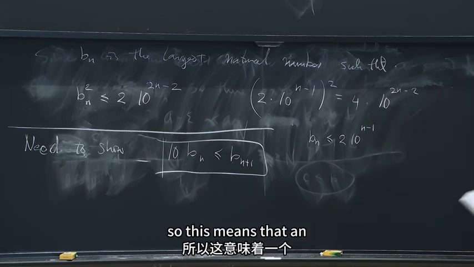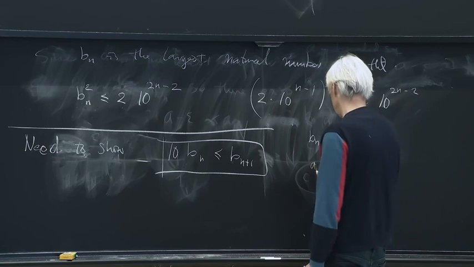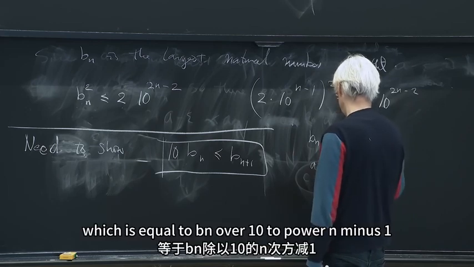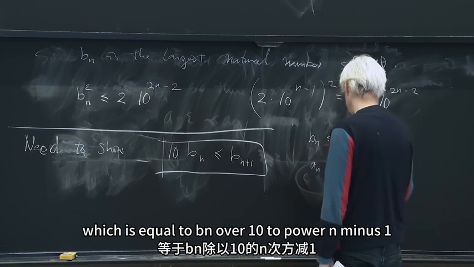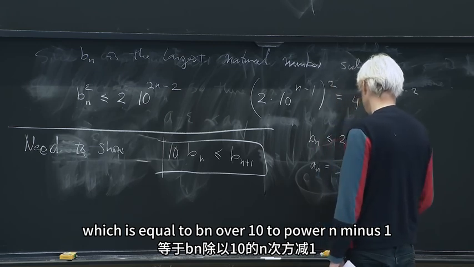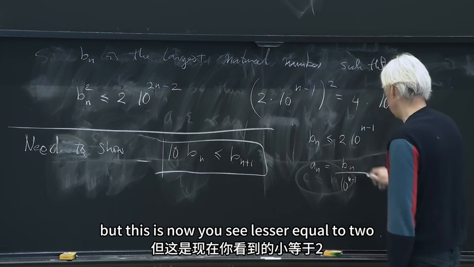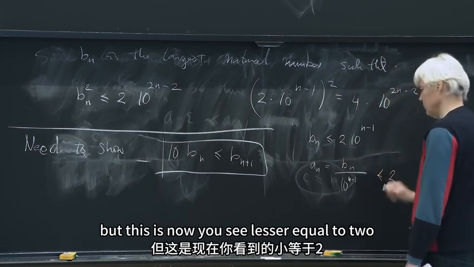So this means that an, which is equal to bn over 10 to the power n minus 1, is now less or equal to 2.